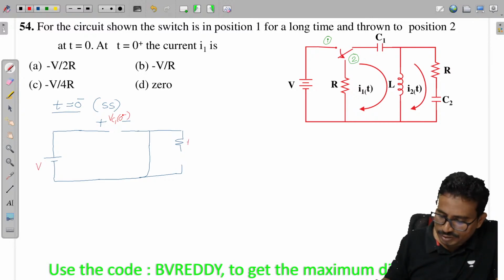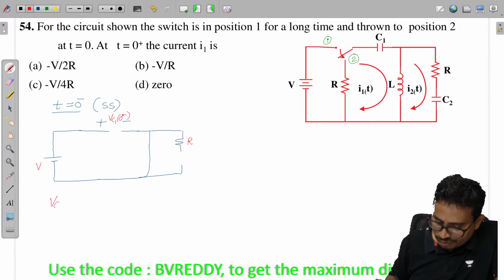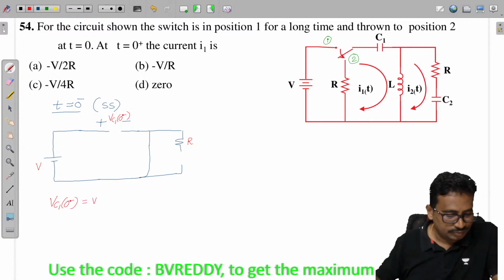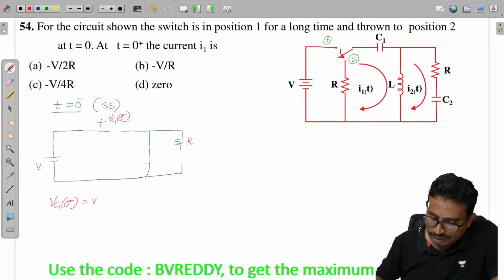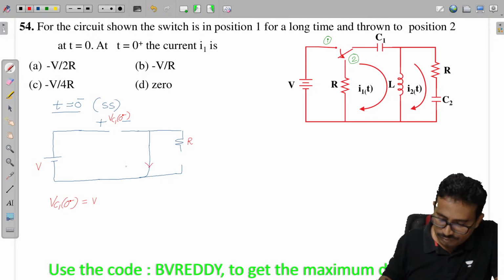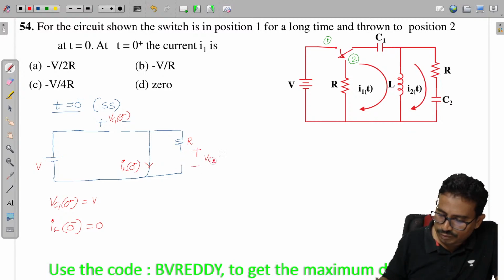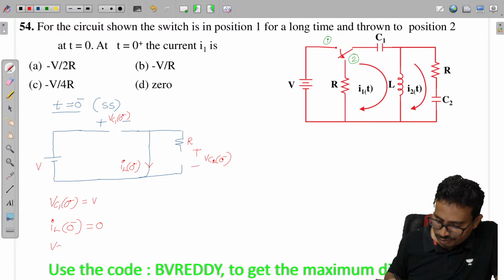This is V. This is R. If you see carefully, VC1 of 0 minus is equal to V, and there is no current at all. So this is an open path. What is this thing here? This is IL of 0 minus, which is 0. And what about VC2 of 0 minus? VC2 of 0 minus is equal to 0.